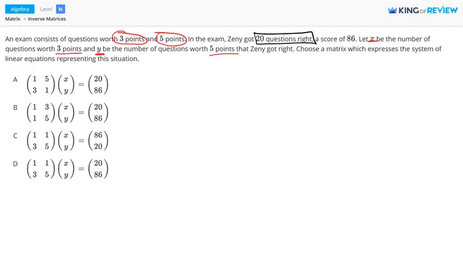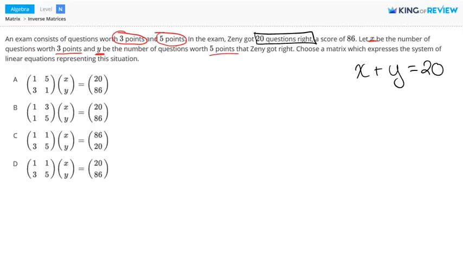So these questions consist of both the 3-point questions and the 5-point questions. So we can make an equation out of this. If we have the 3-pointer questions plus the 5-pointer questions, this is going to equal a total of 20 questions. So there's our first equation.